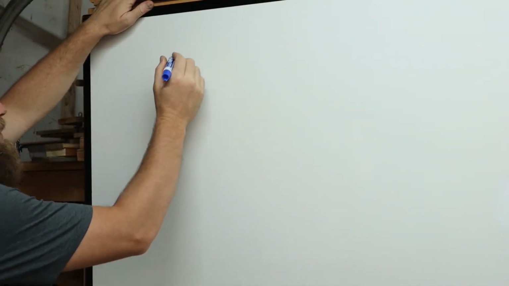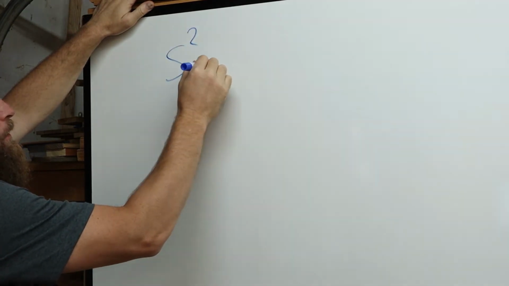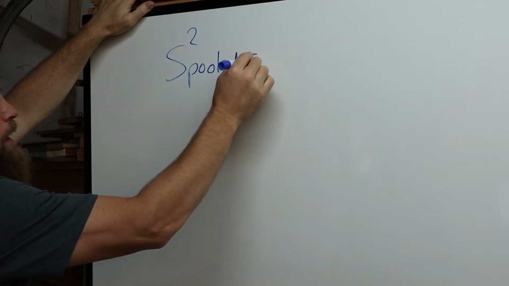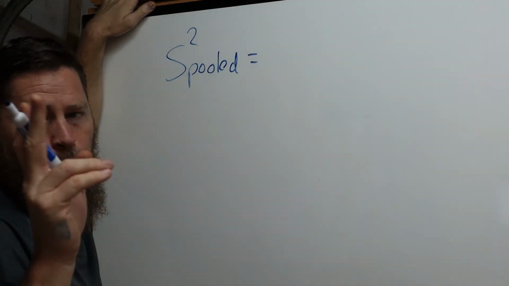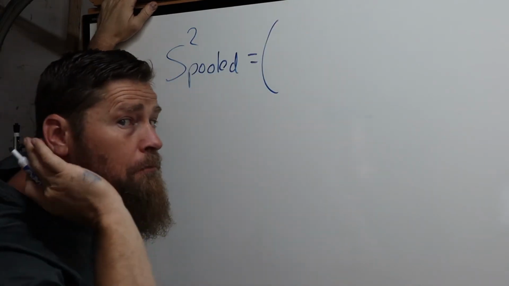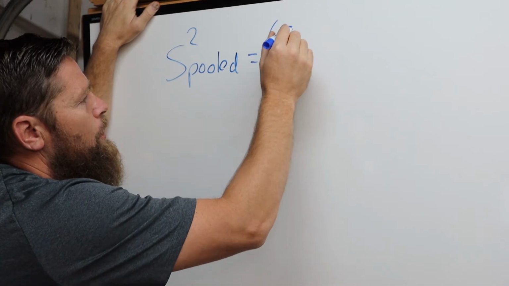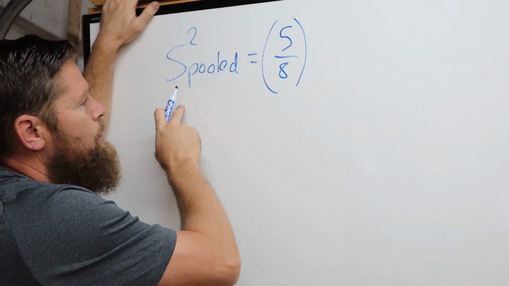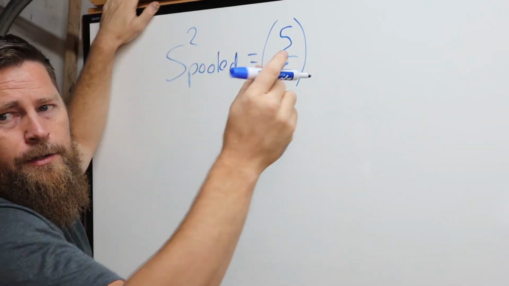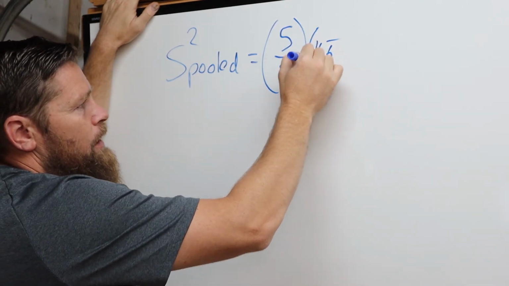Alright, here we are with S2 pooled. So for us, S2 pooled is going to be equal to the degrees of freedom for group 1, which was 5, divided by the degrees of freedom total, times S2 for group 1, which we all know is 16.6, okay?